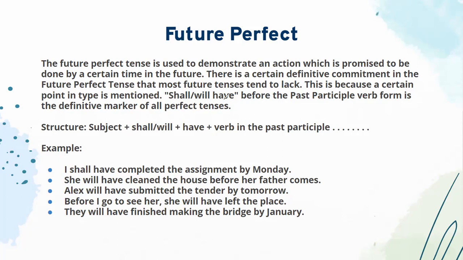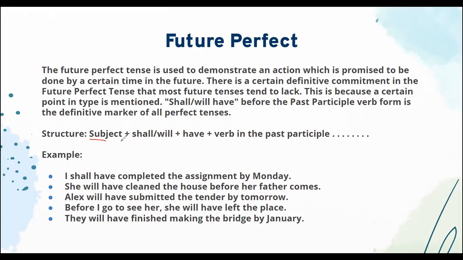So shall, will, have, before the past participle verb form is the definitive marker of all perfect tenses. So we've got subject, shall or will, have, and then verb in the past participle. This would be future perfect.